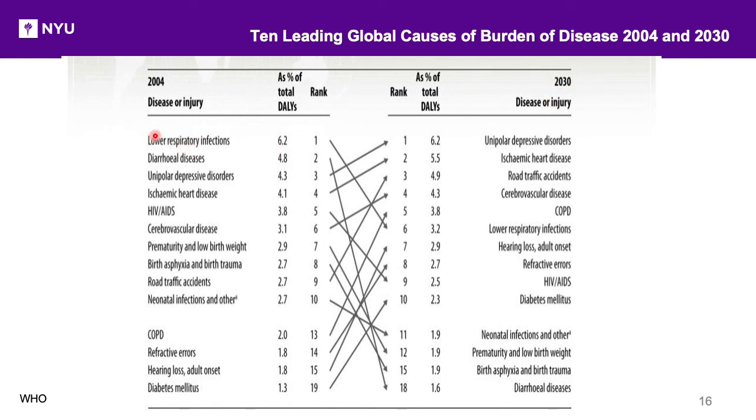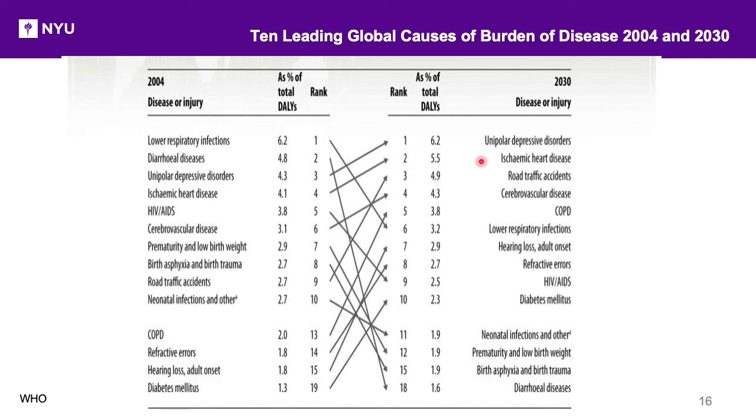So in 2004, lower respiratory infections were number one, and they predict that by 2030 that would basically be at number 6. In fact, what they think would be number one based on their modeling would be unipolar depressive disorders.